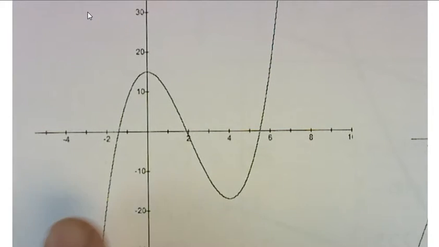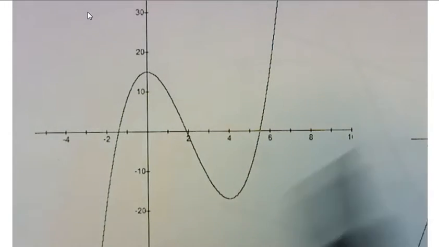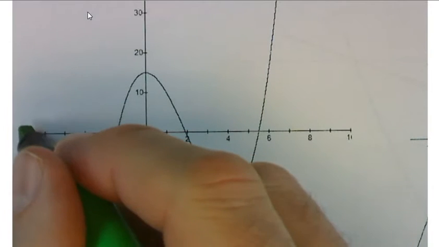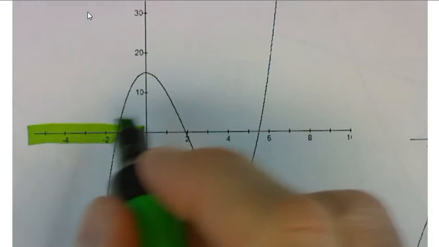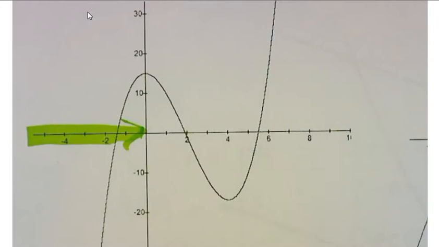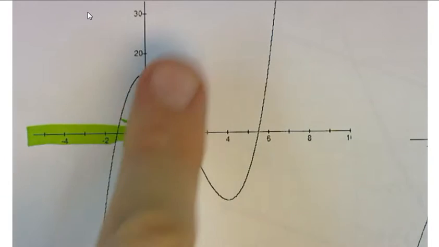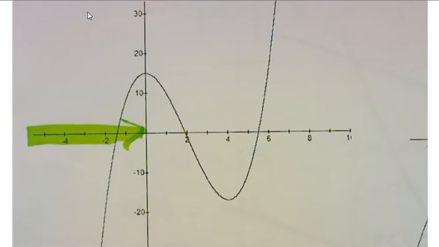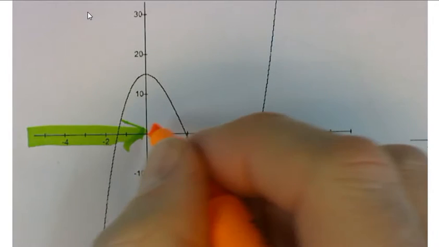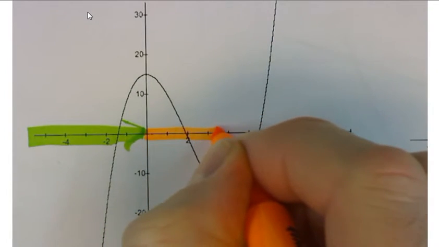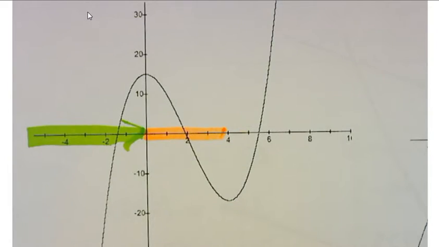So to the left of the y-axis, that is between negative infinity and 0, right up to there, the function is increasing. Then between 0 and 4, the function's decreasing. And then it changes.